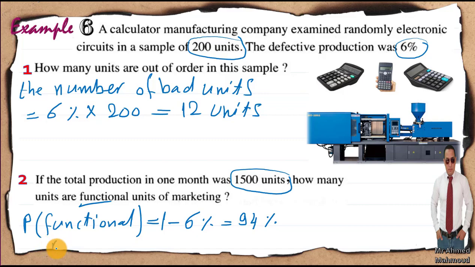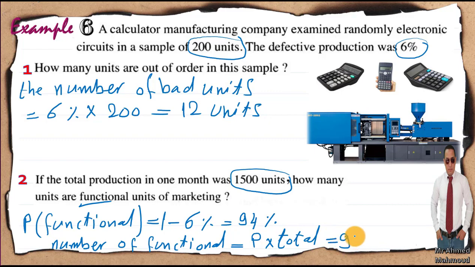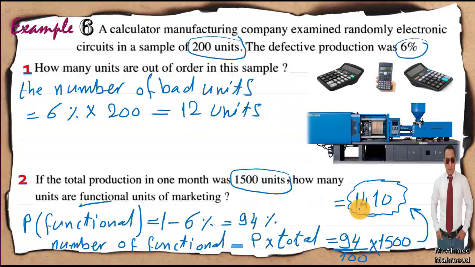Okay, now the number of functional equal probability times total equal 94%. 94% means 94 over 100 times 1,500, which is equal 1,410 units. Okay.